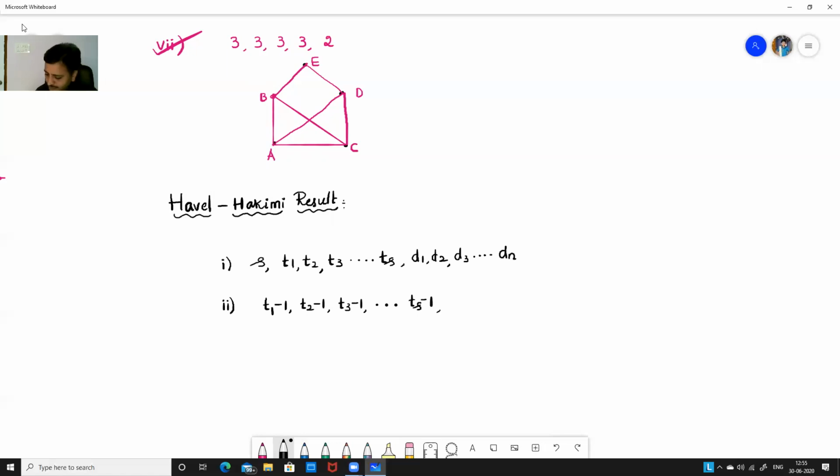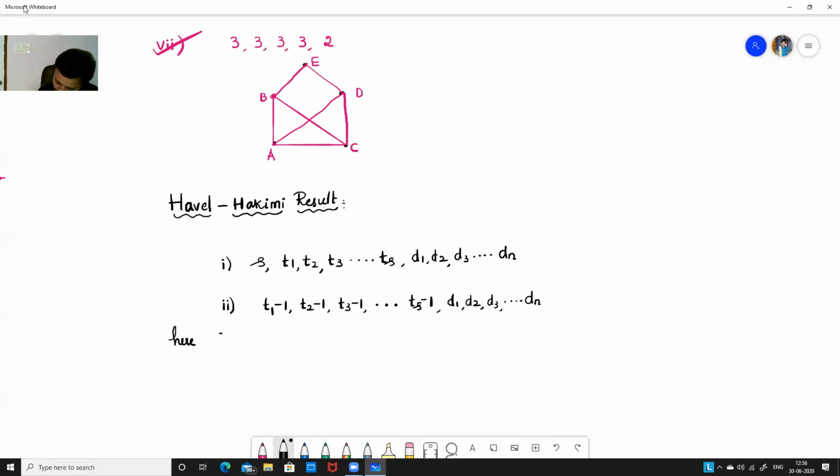The remaining part we can write as it is, D1, D2, D3 up to so on DN. So we have two sequences, provided the first sequence is always in the descending order. That point also can be mentioned.